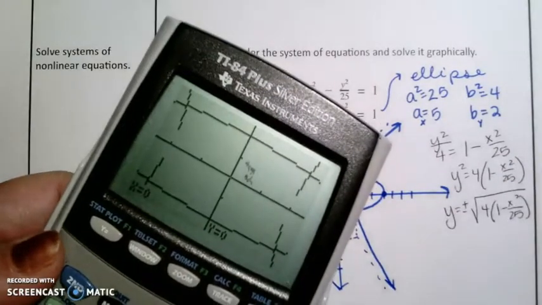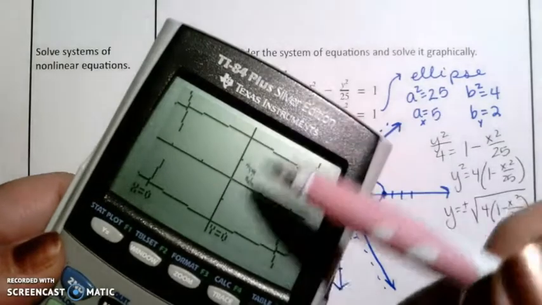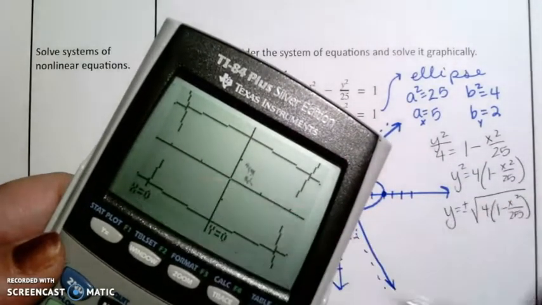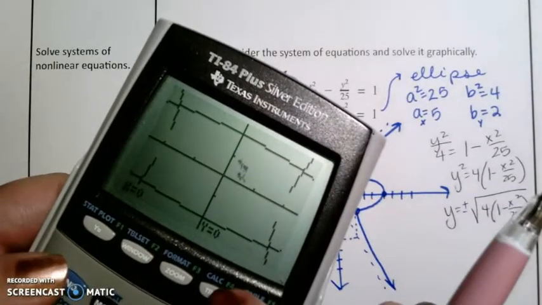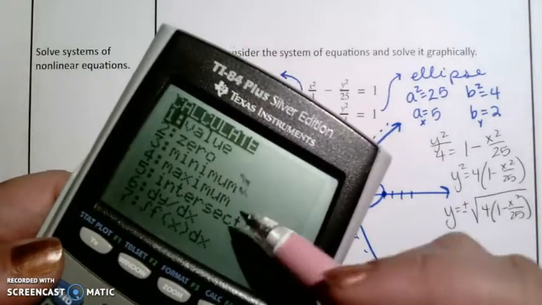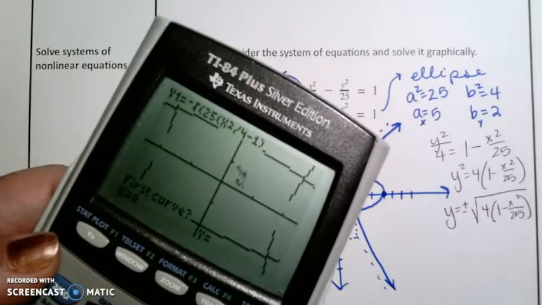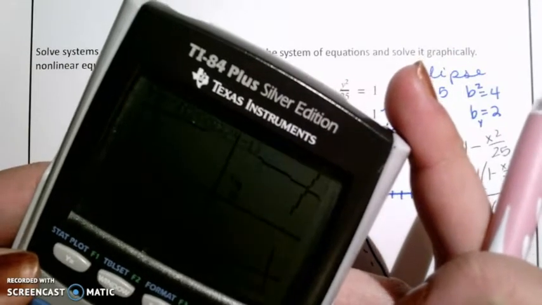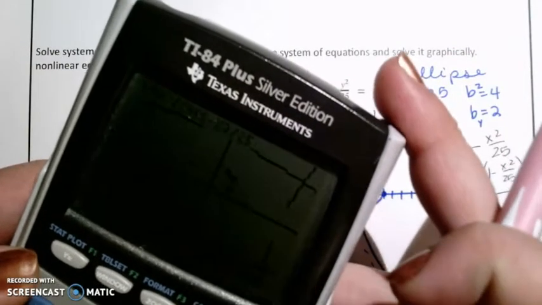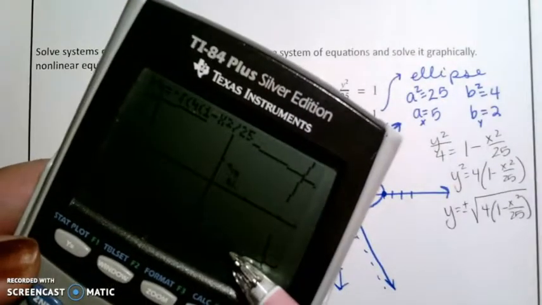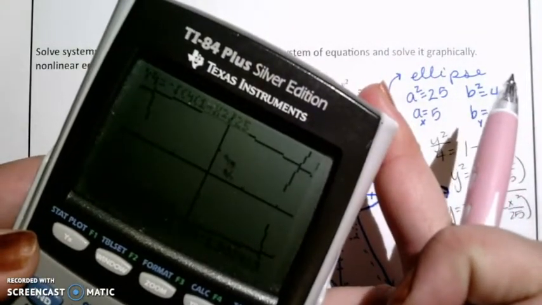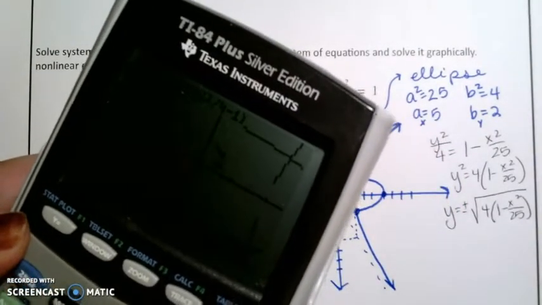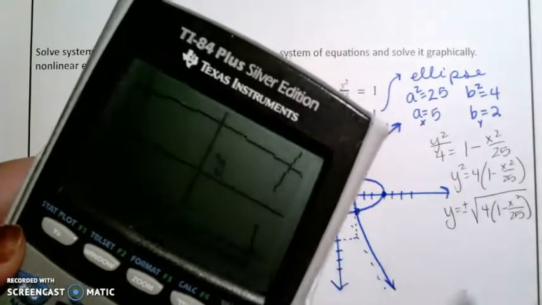Now, because both hyperbolas and ellipses have 2 axes of symmetry, as soon as I find one of those points, I actually have the coordinates for all 4. So we're going to use second calculate, intersection, option 5, and we're going to see if we can locate our first curve. So see the little spider is there. Going over to that point of intersection, enter, enter, enter, making sure that it's there the whole time.